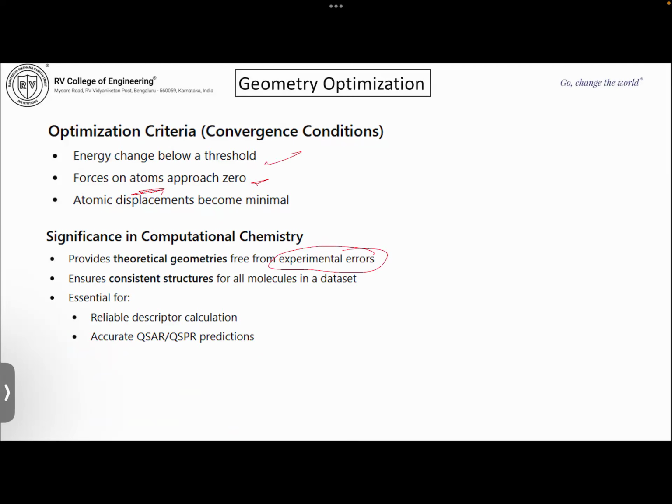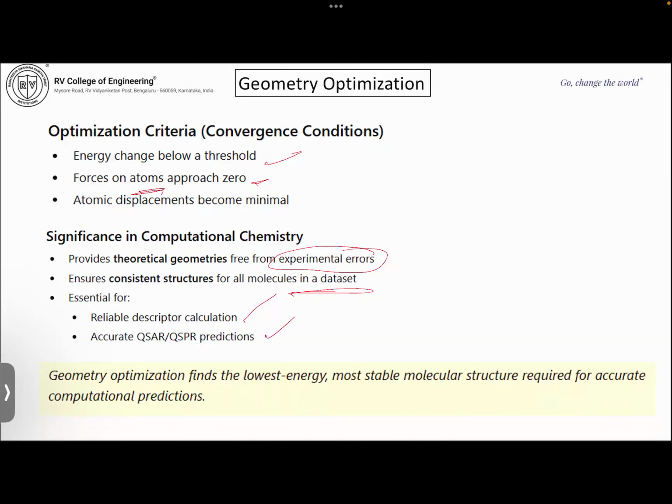It ensures consistent structures for all molecules in data sets. It's essential for reliable descriptor calculation and accurate QSAR and QSPR prediction. Overall, geometry optimization finds the lowest energy, most stable molecular structure required for accurate computational predictions.